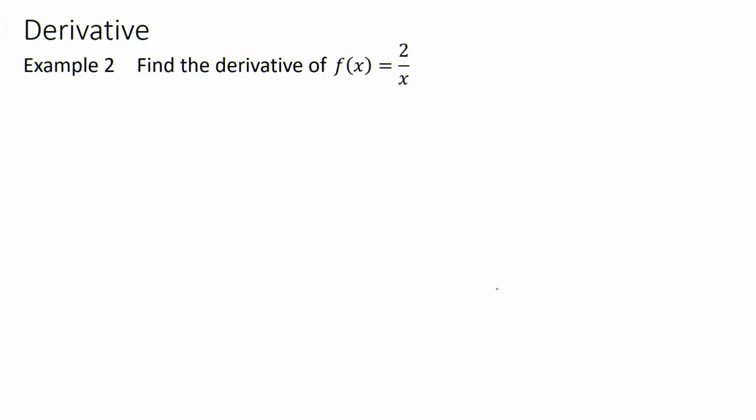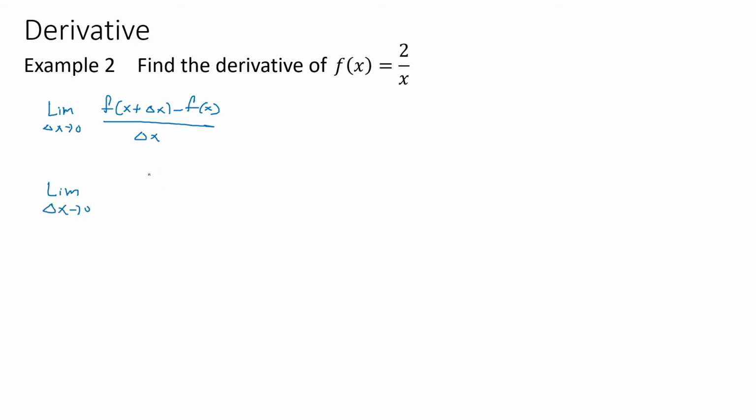Alright, next example. Find the derivative of 2 over x. So the definition was limit of delta x approaching 0, f of x plus delta x minus f of x over delta x. Again, similar to before, we're going to substitute x plus delta x wherever you see an x to calculate f of x plus delta x.